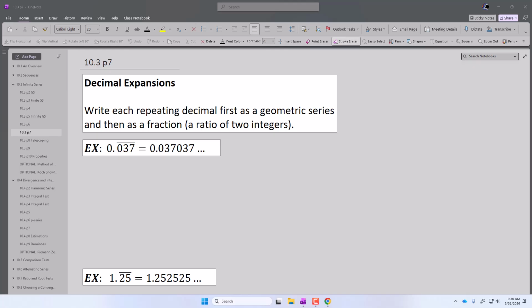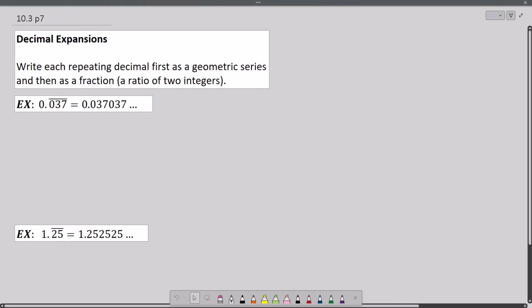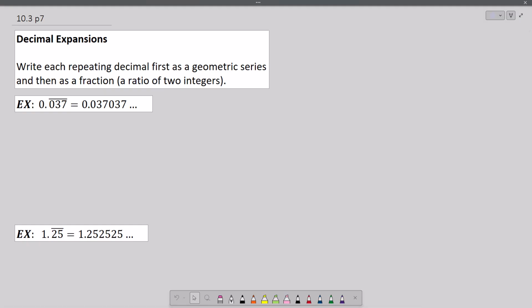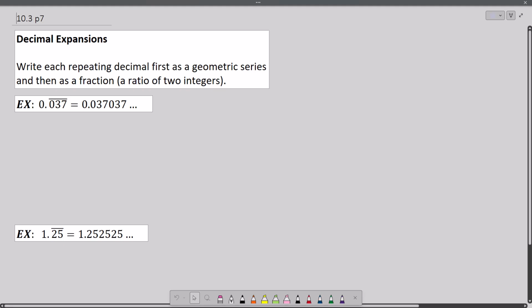Okay, so we are dealing with geometric series, and we talked a little bit about how repeating decimals are actually geometric series. We have an algebraic way to calculate what the ratio of these integers would be, or we have a calculus way to do it, and we're going to do it with the calculus method now.